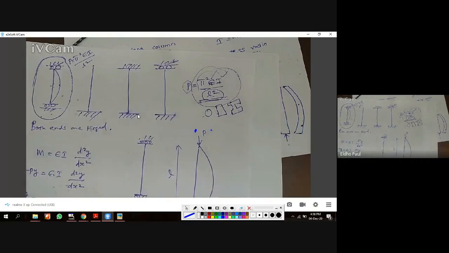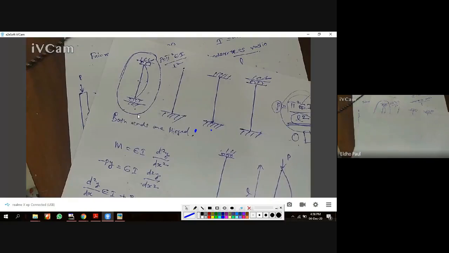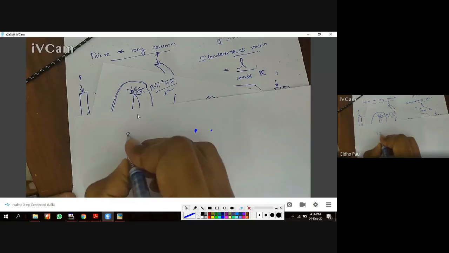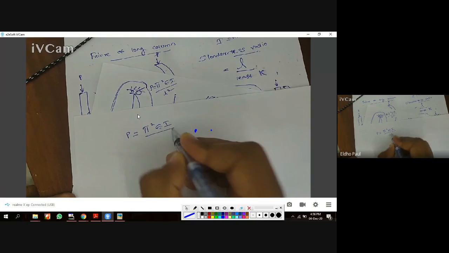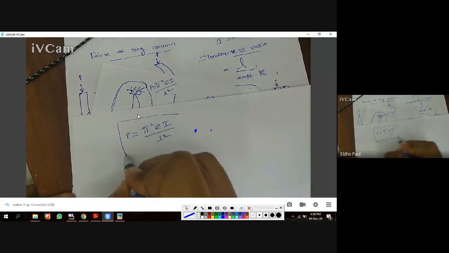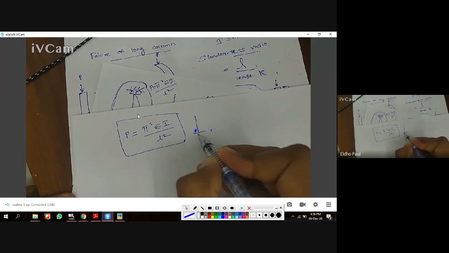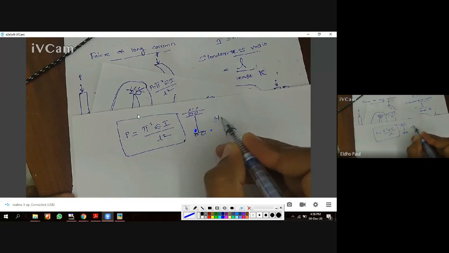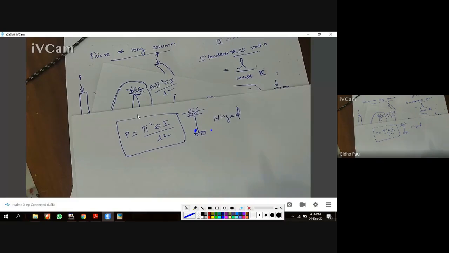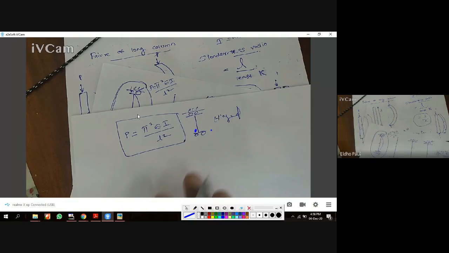So we got this equation. P is equal to pi square EI by L square, a very important equation, Euler's equation. This is for both ends hinged. Similarly, we can derive the equation for all other end conditions.